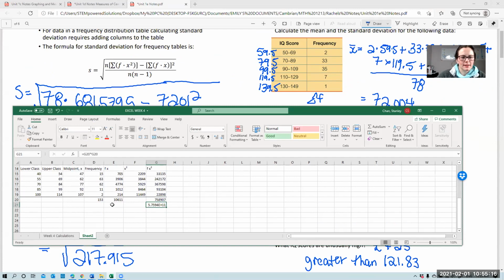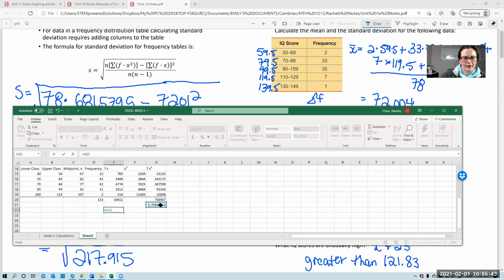And then I'm going to take this value right here, and I'm going to multiply these two values together. So I'm actually just working the formula at the moment. So it's basically n, which is 153. See how there's an n here, times f dot x squared.